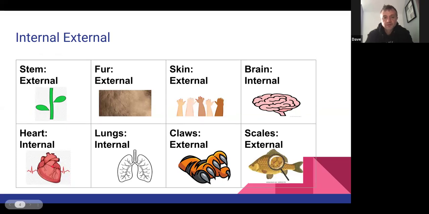That's internal, okay? Now the same with lungs. They're an internal structure. Claws, external. They're on the outside. And then scales. These things right here, like the fish's skin, a little different. If you rub them down, nice and smooth, but rub against them, it's actually quite hard. They're external, all right?